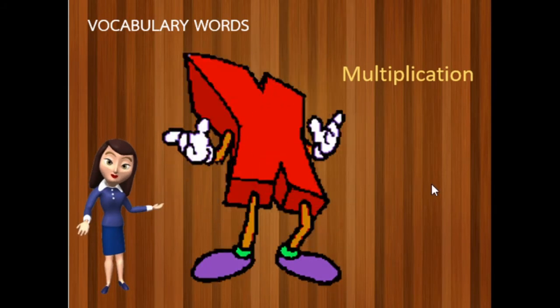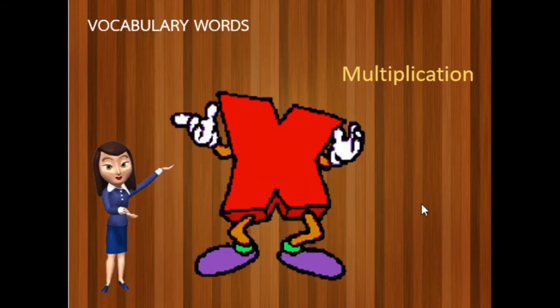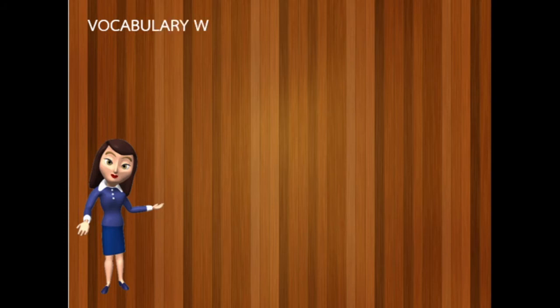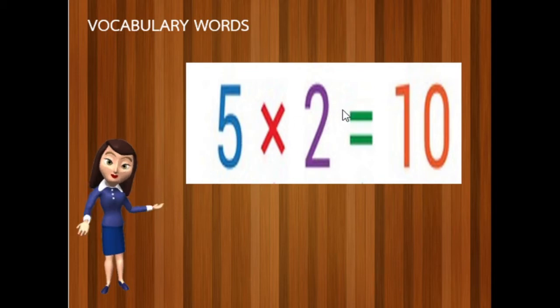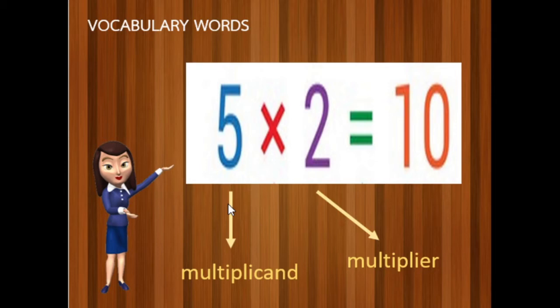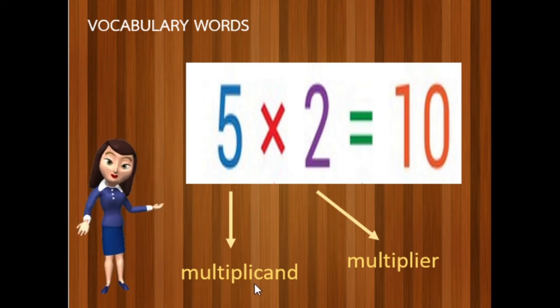What are the different parts of a multiplication process? Of course, you have its parts. For example, we have 5 times 2 equals 10. 5 here is our multiplicand, and 2 is the multiplier. Again, multiplicand, multiplier.